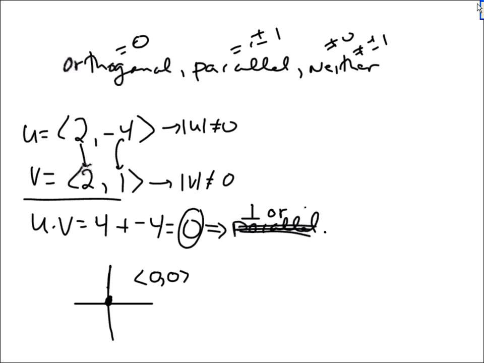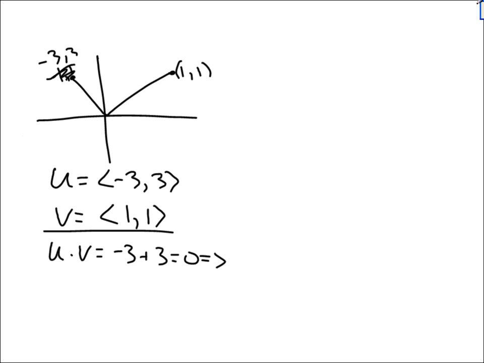Perpendicular or orthogonal. So, in the problem we're doing now, since the dot product was 0, that means they are perpendicular. Orthogonal means perpendicular. Sorry about that. So, how can we get vectors that are parallel? That's what I meant to say.